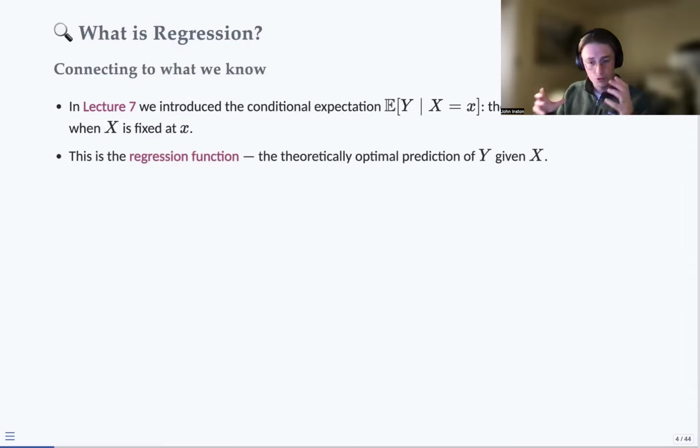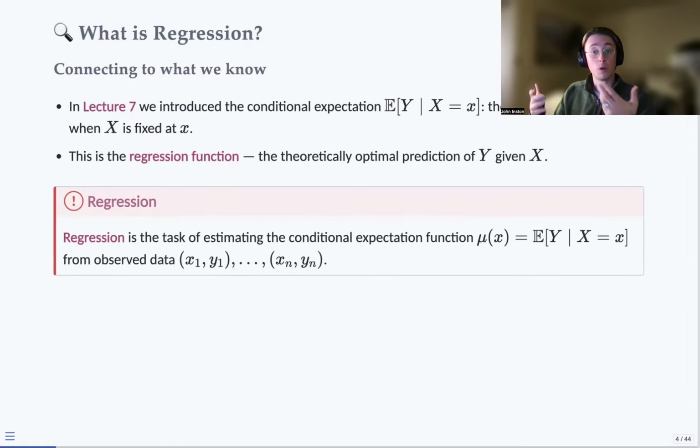This is, generally speaking, the regression function that we're trying to estimate. The idea is that this conditional expectation is unknown, and we are trying to describe it mathematically. It's this theoretical optimal prediction of y given x, and that is the task of regression. So regression is the task of estimating this conditional expectation function.